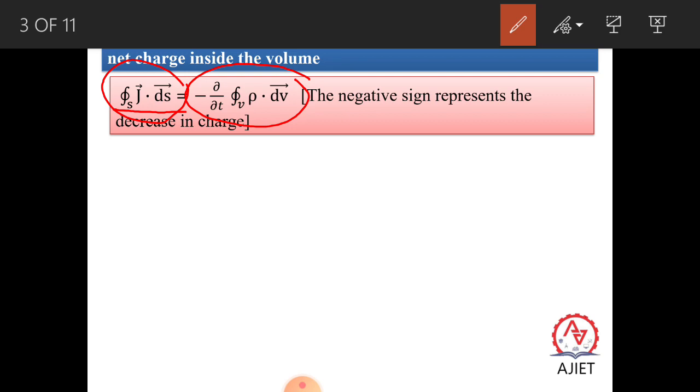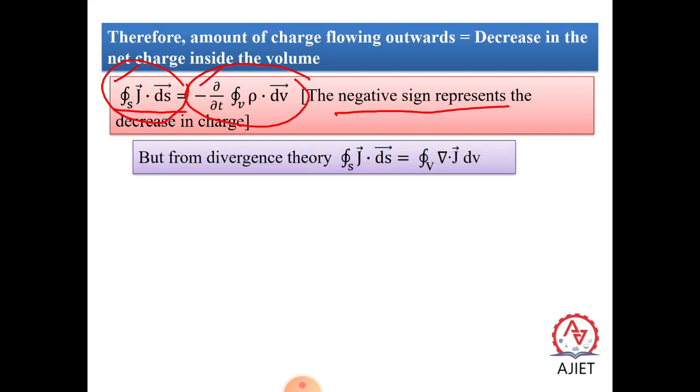In the same way here, as the charge J dot ds goes out, the net charge inside the volume decreases, which is given by the negative sign. The negative sign symbolizes the decrease in the charges.